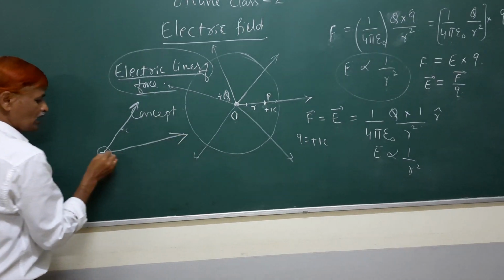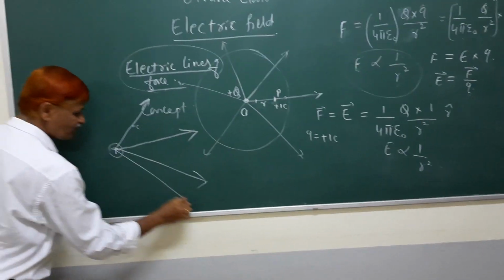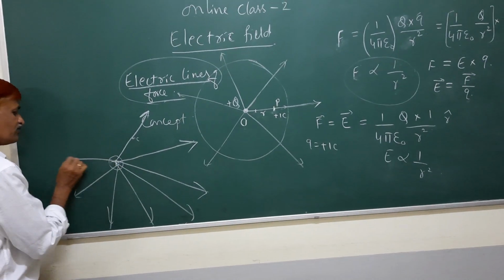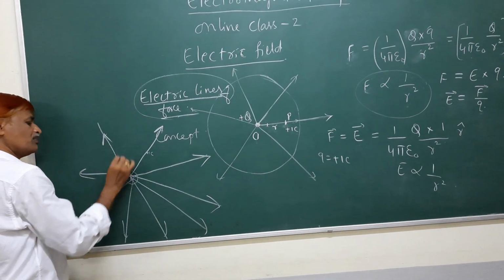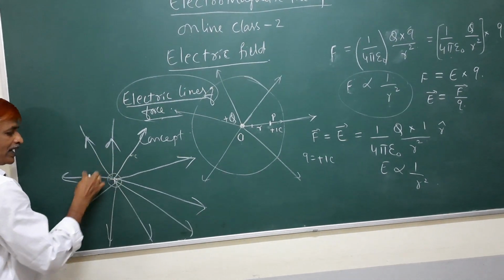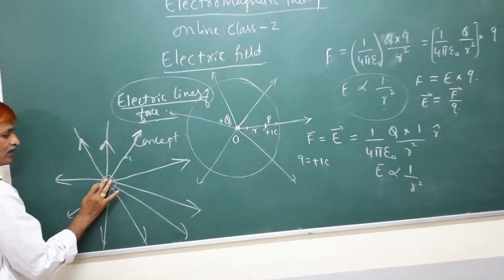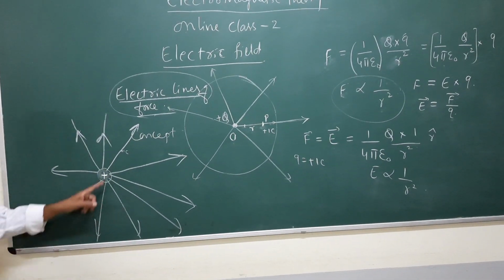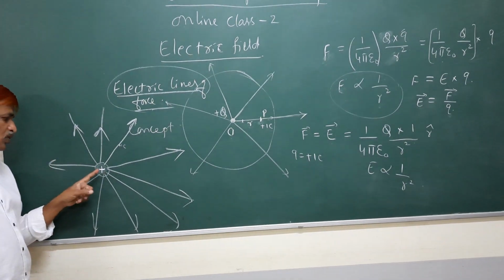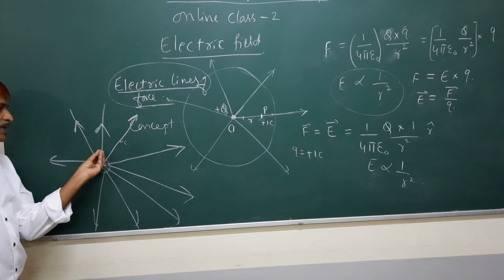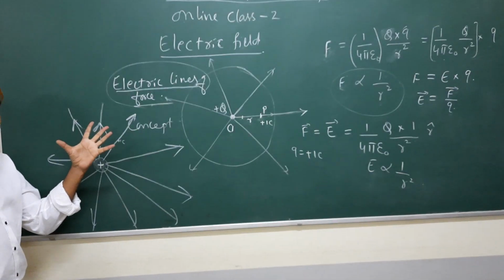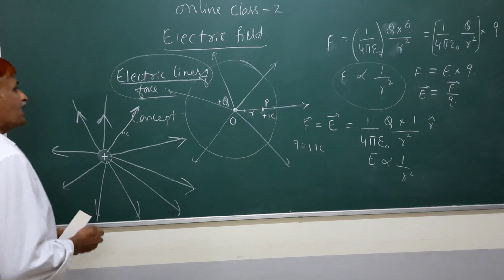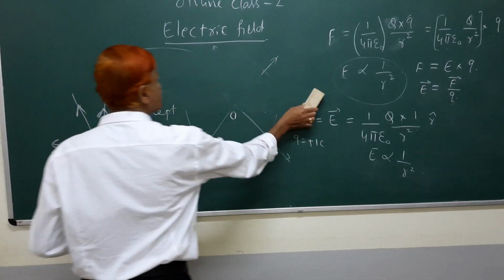So these are imaginary lines which represent the direction in which a unit positive charge will move when placed in the electric field of the charge. If it is a positive charge, these lines go outward, they are diverging. And if it is a negative charge, you see what happens.